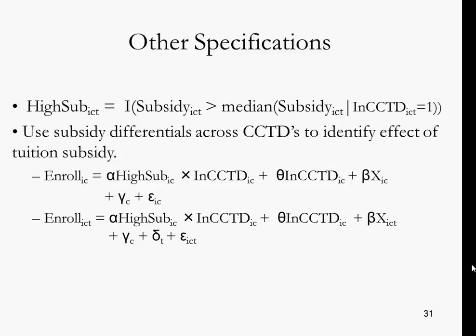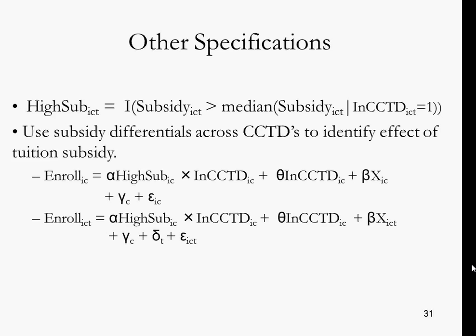And then the effect of it truly having a high subsidy is being identified off of this alpha. Now, it's going to be hard to interpret this alpha because it's not a dollar amount, it's just below or above the median, although I'll talk about results that haven't been released yet that actually allow you to convert it into a percentage number based on a $1,000 change.